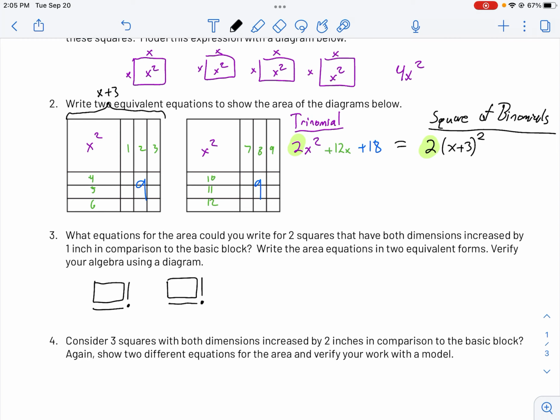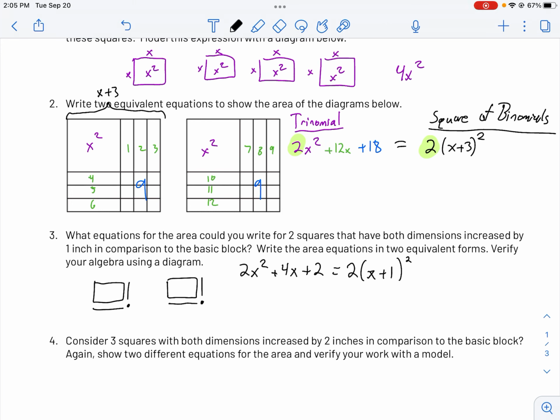So if that's my diagram, my 2 equations would be, I have 2x squareds. My x's, I have 2 in each diagram, so that's going to be 4 total x's plus 2 total dots. There's my trinomial. My square of binomials, there are 2 of them. Both squares have a side length of (x plus 1) squared.